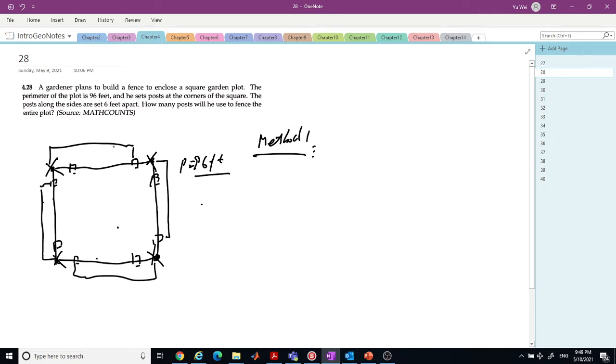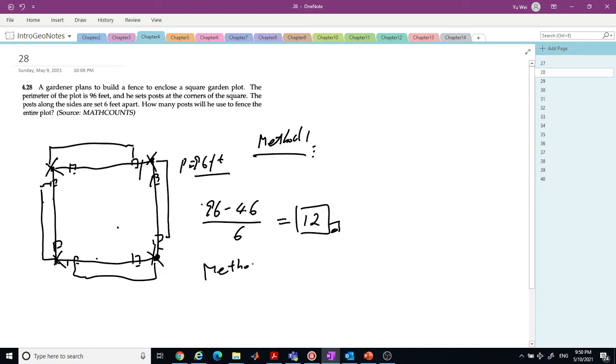These four groups have the same length, and they cover how much length? They cover 96 minus, we didn't count this one and this one. We need to subtract 4, so (96 minus 4 times 6) divided by 6 is equal to 12. Okay, this is method 1.